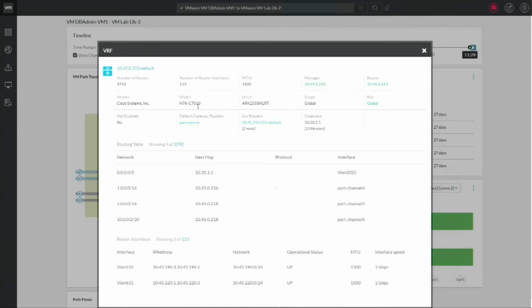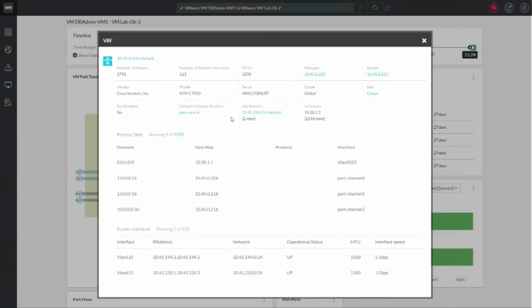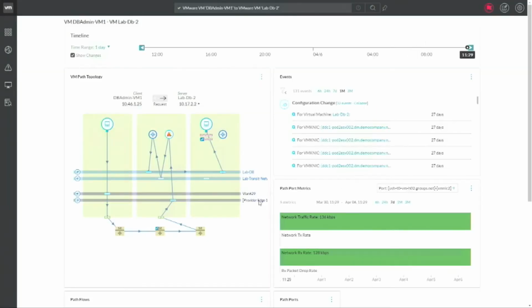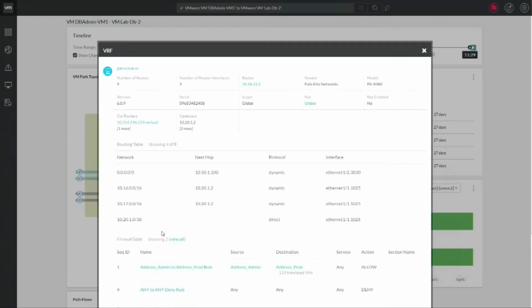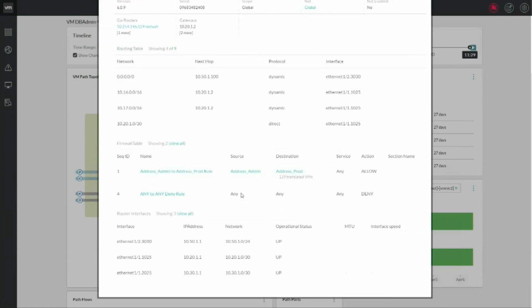And so here we have information on our Nexus 7K, our routing table, our routing interfaces. If we had problems in the route here, we would show that information. All the way into my Panorama environment. So I can see here my, not Panorama, but this is my Palo Alto router. So I've got my routing information here that I pulled from that device.